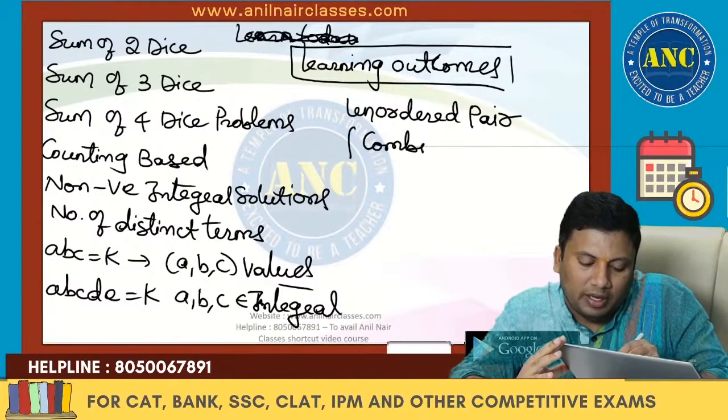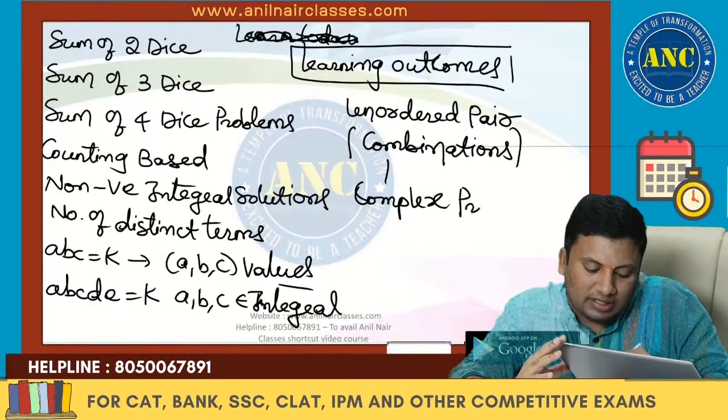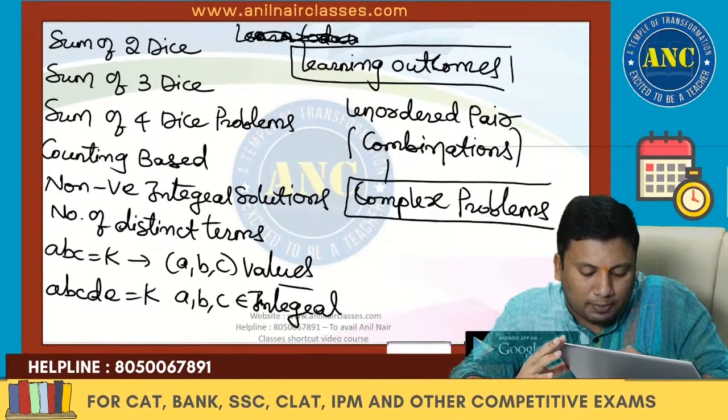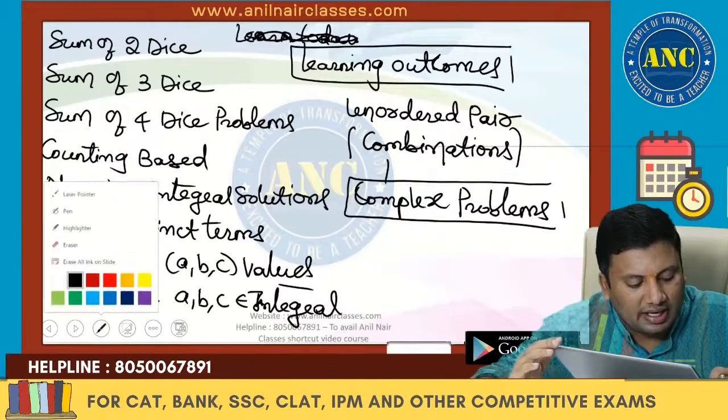We are focusing more on complex problems, not mere easy ones. Instead of doing how many 3-digit numbers are there, how many 4-digit numbers are there, we will solve some complex problems.